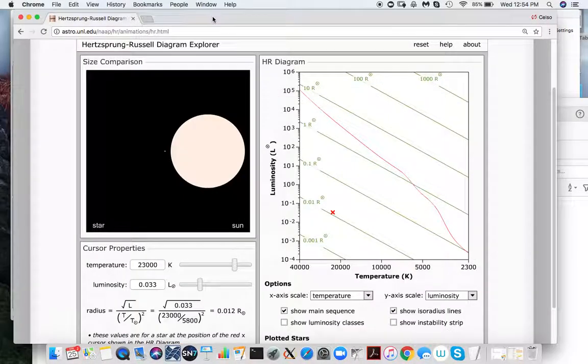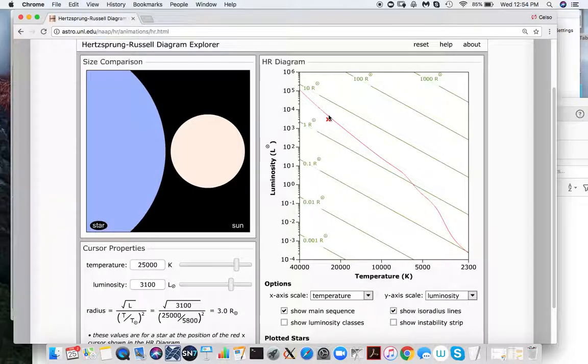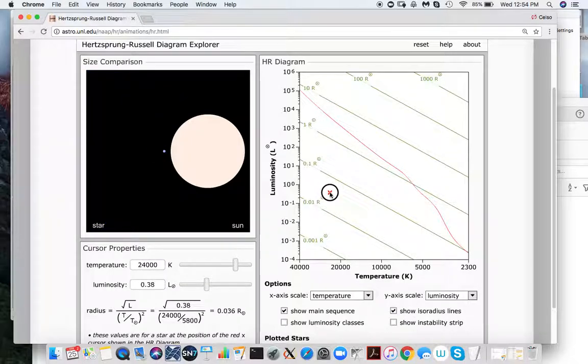There you go. Look at the HR diagram. So you can find hot stars, either big or small, on the left-hand side.